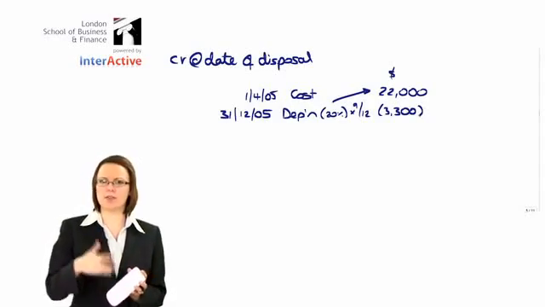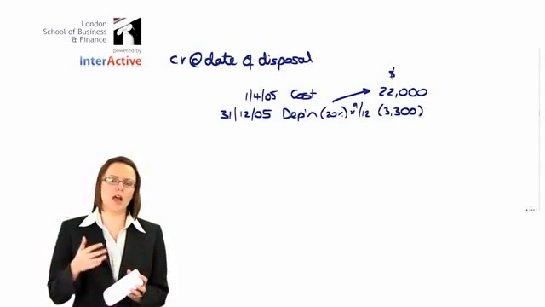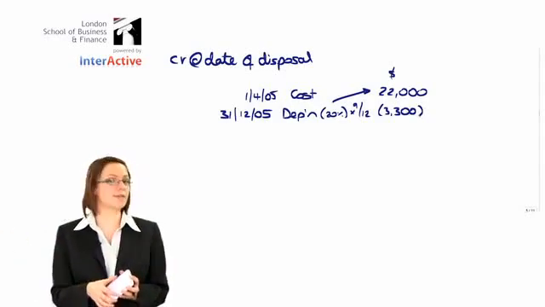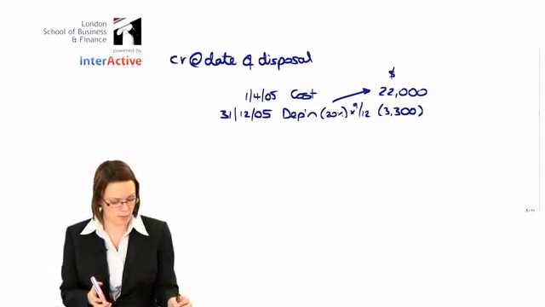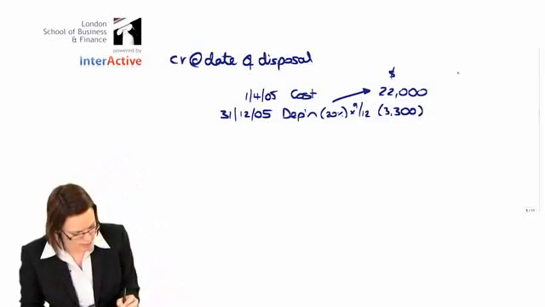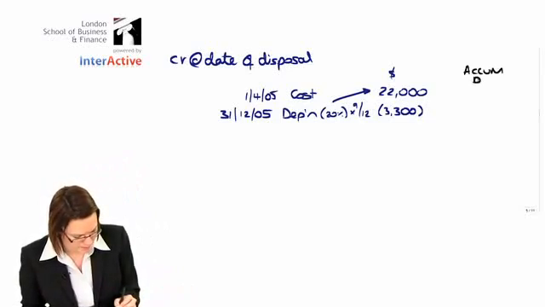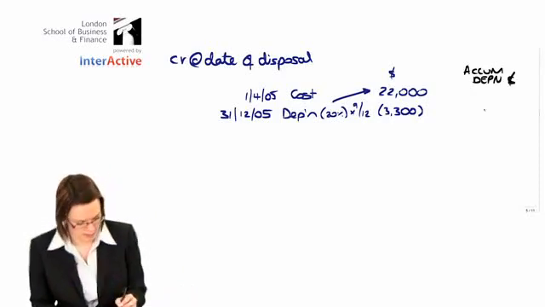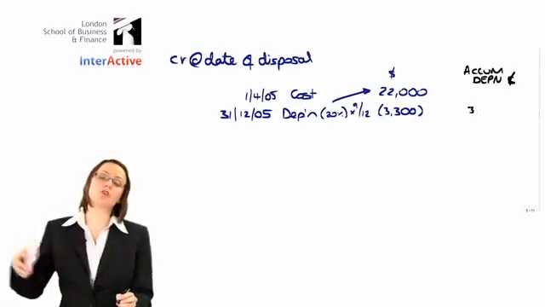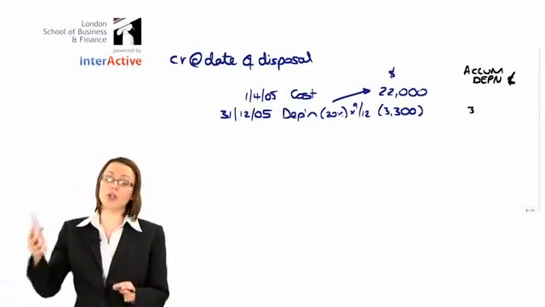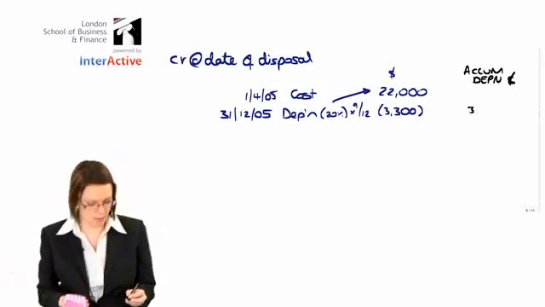That's going to help us later on when we look at the three-step process for accounting for the disposal. So I'm just going to do a little column next to it called accumulated depreciation in dollars. And as we charge more depreciation, the balance on accumulated depreciation will increase with it.